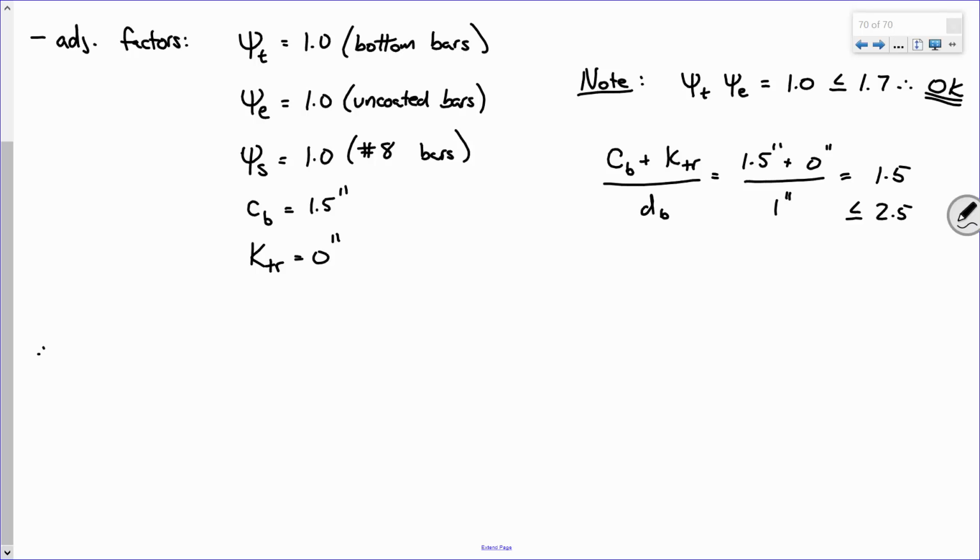So therefore, our development length is 3 over 40, and then we have lambda square root of FC prime, and then we've got Fy, and we've got psi t, psi e, psi s, and then that ratio.